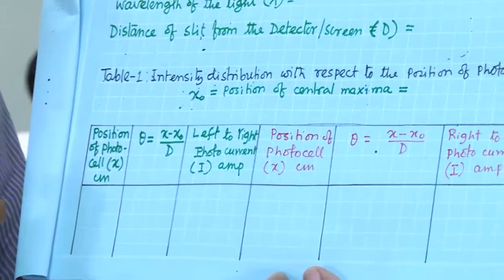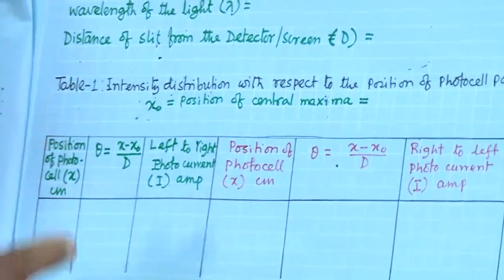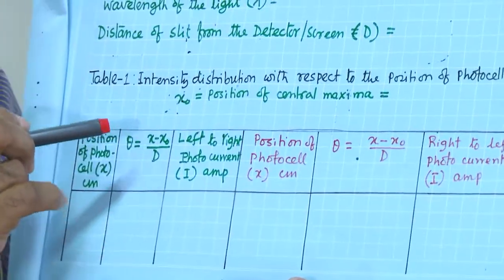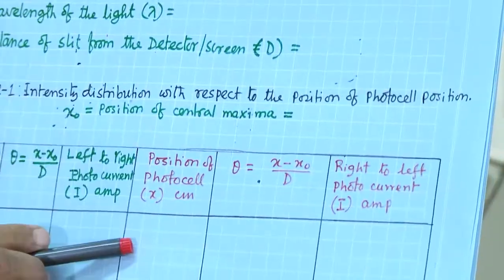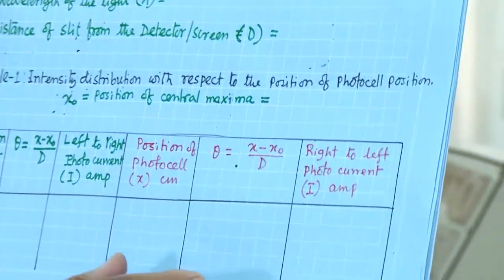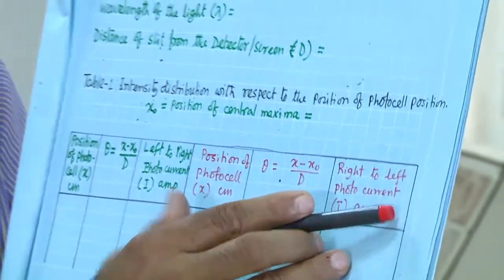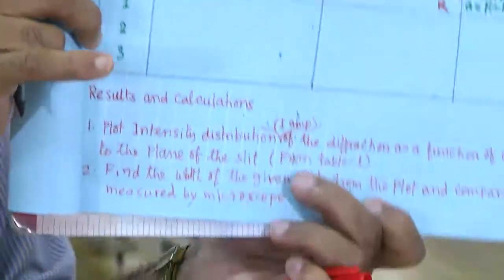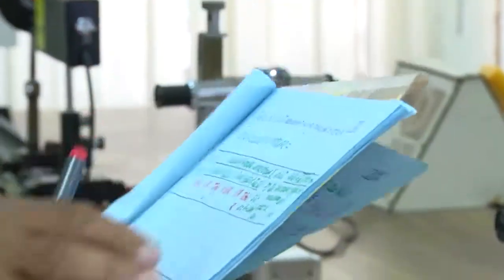Okay. This is basically a repetition of the measurement: when we move from left to right, one set of data, and when we move right to left, another set of data. So, theta versus intensity, that data we will get.